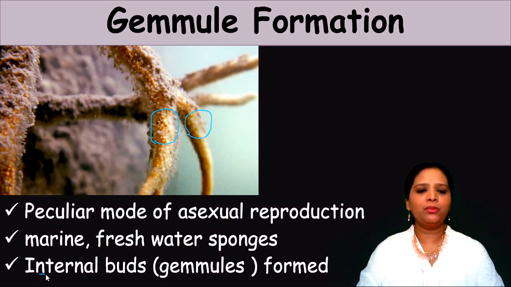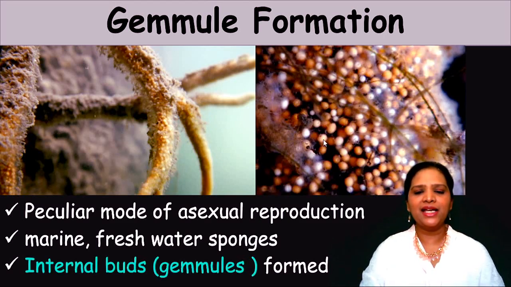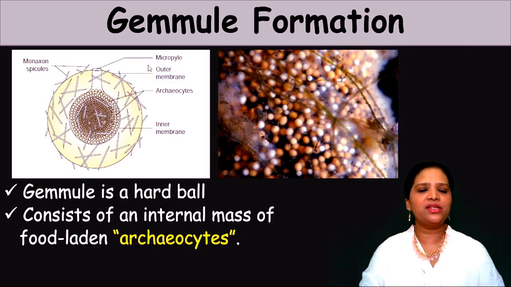Internal buds, very important, the words internal buds. So if you zoom in, it will look like this. See, these small round structures are called internal buds or gemmules. So let us take one small bud and make a cross section. What could we see? We could see a structure like this.